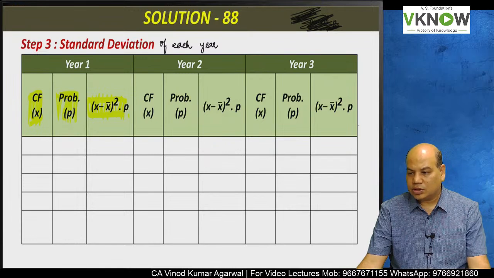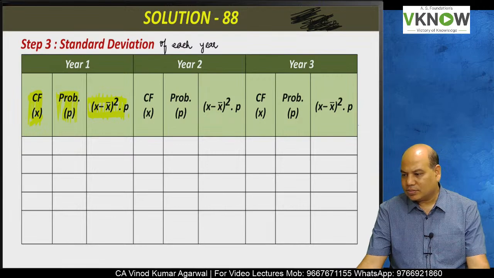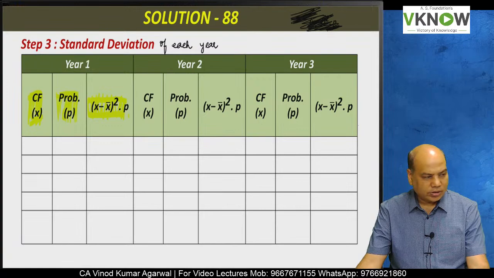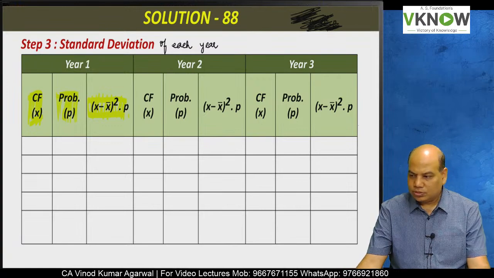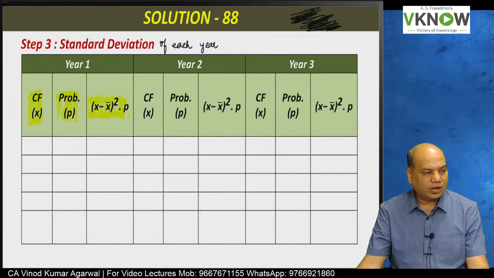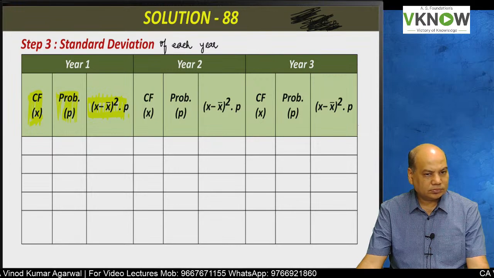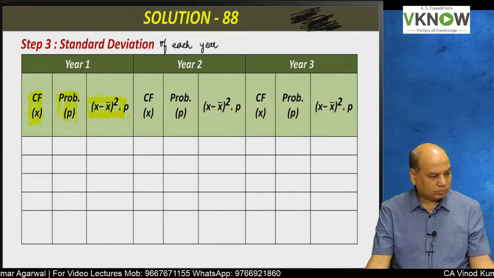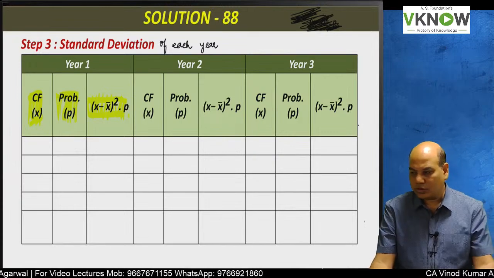Then year 2 cash flow, probability, x minus x bar square into probability. Year 3 cash flow, probability, x minus x bar square into probability. Is it right?